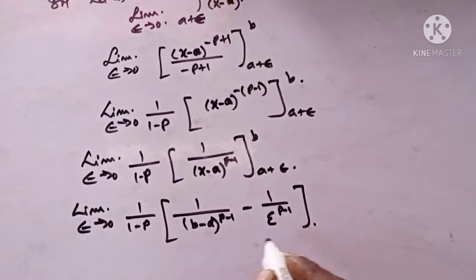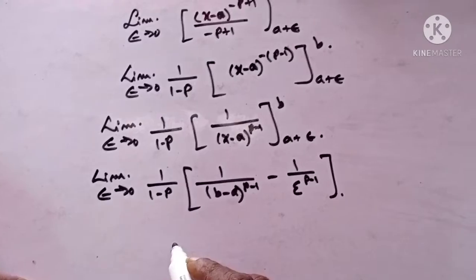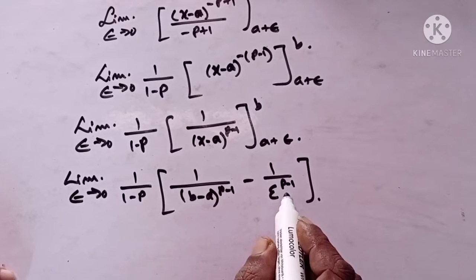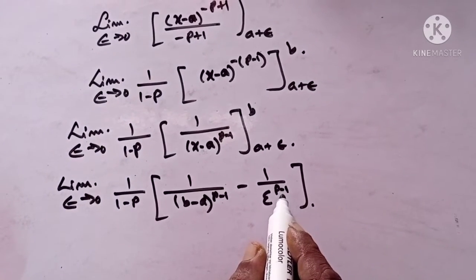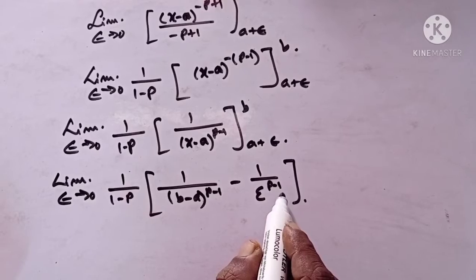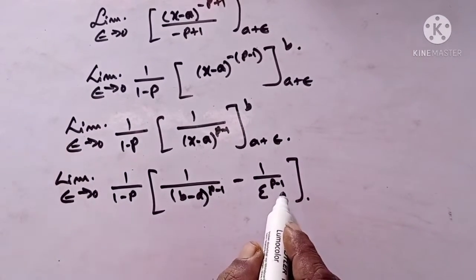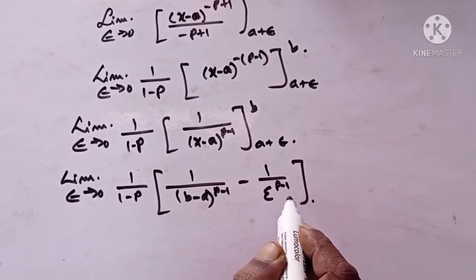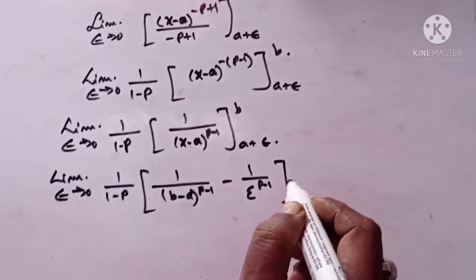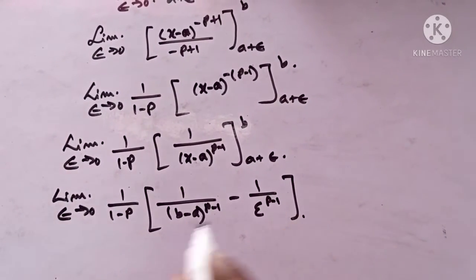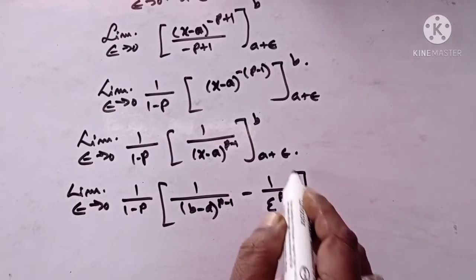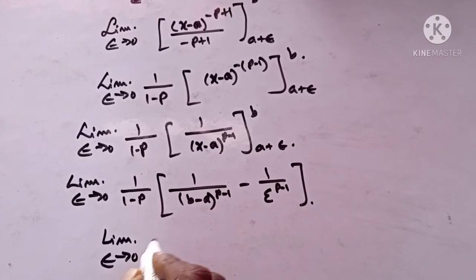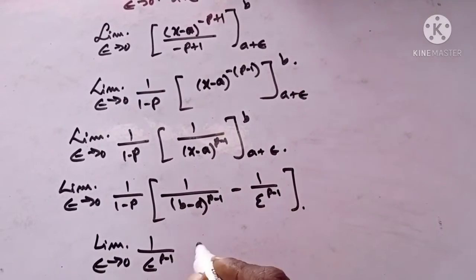So here we can make a conclusion. I have to draw the conclusion for this. The whole thing will be determined by this factor: limit epsilon tends to 0, 1 by epsilon to the power p minus 1.